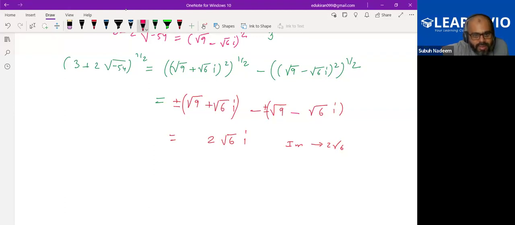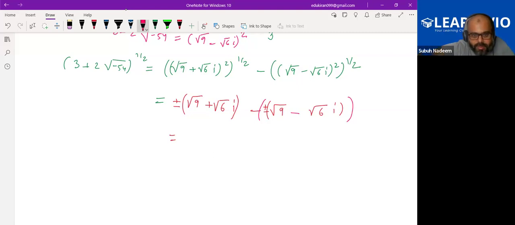So in that case, what will happen? If we take plus minus both, let us take both. So plus minus root 9 plus root 6 iota, then minus, and then plus minus root 9 minus root 6 iota.